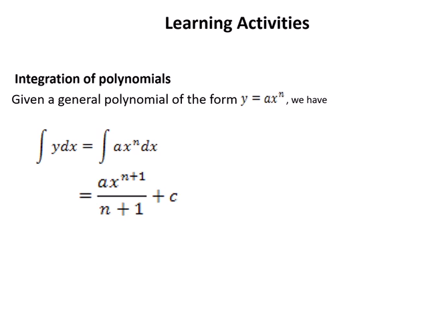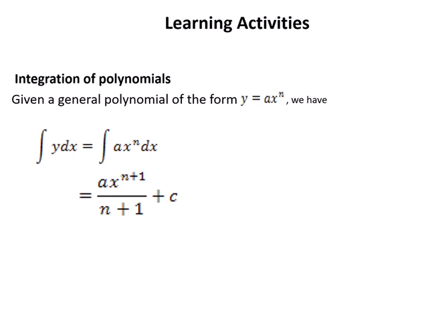So if you are to integrate the function y equal to ax raised to the power of n, then we have the integral sign there. So take the integral of both sides, where we have y dx, and what is y? y is ax raised to the power of n.